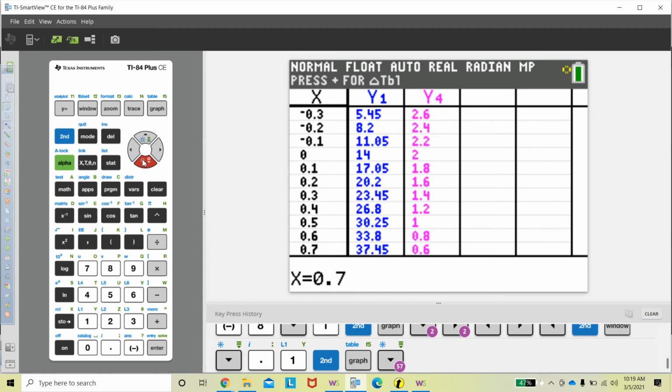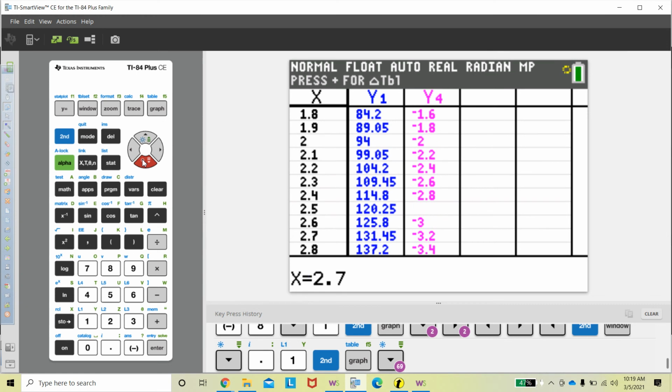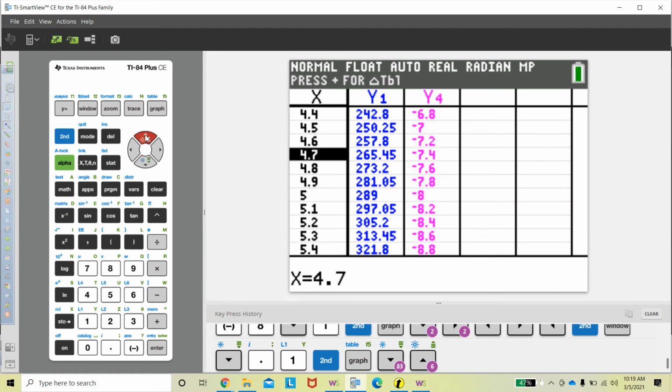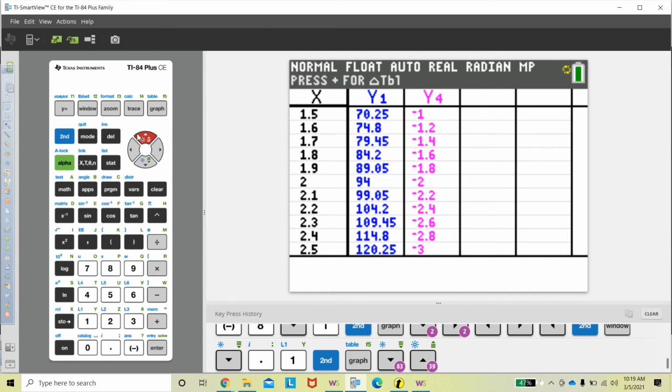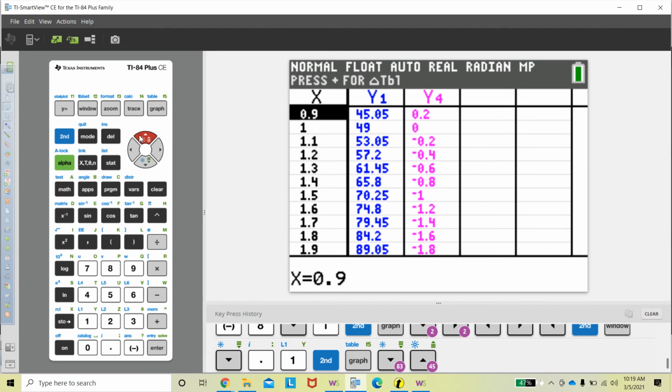Way too fast. The thing just went crazy. We'll go a little slower this time. I'm curious what it's going to be, negative 0.4, what I'm trying to get to.